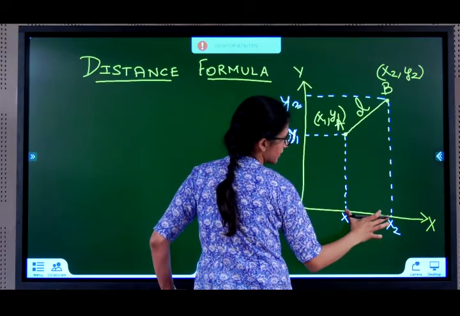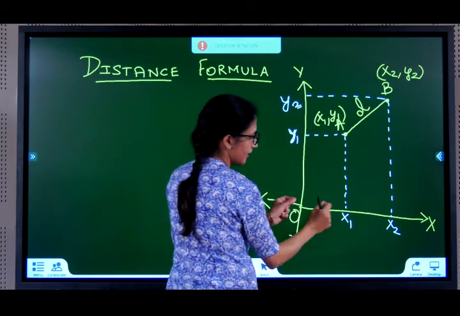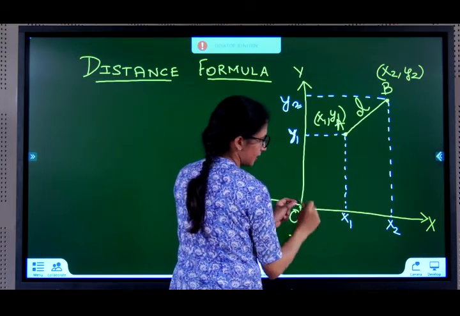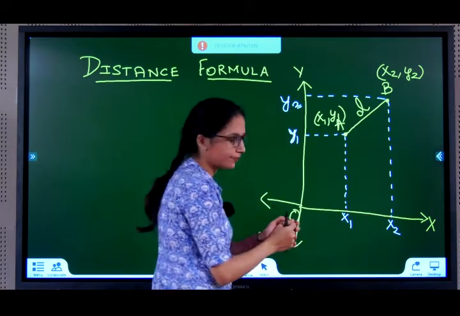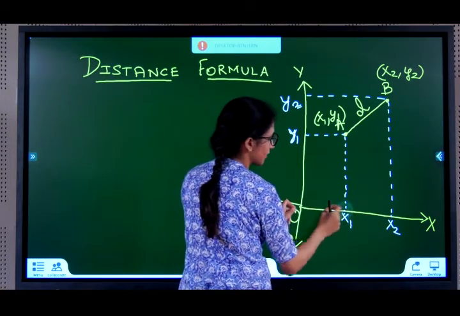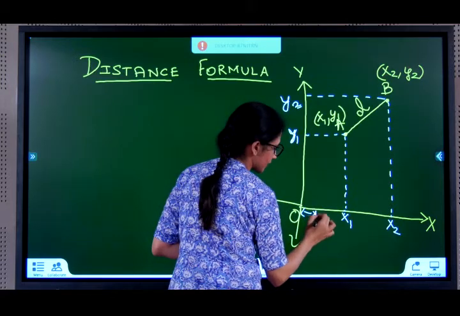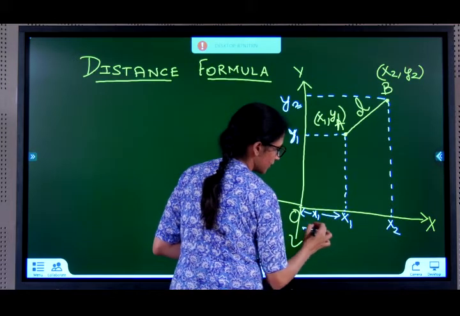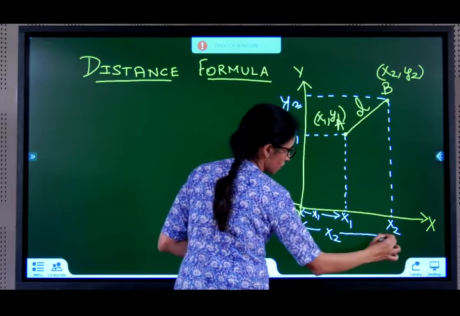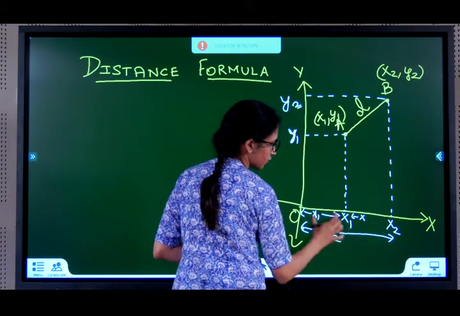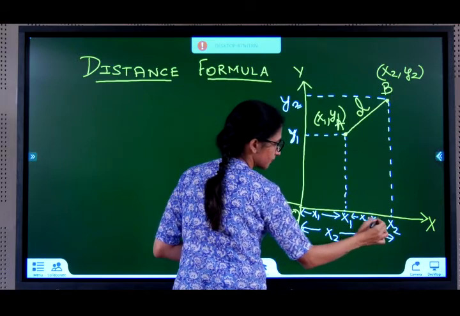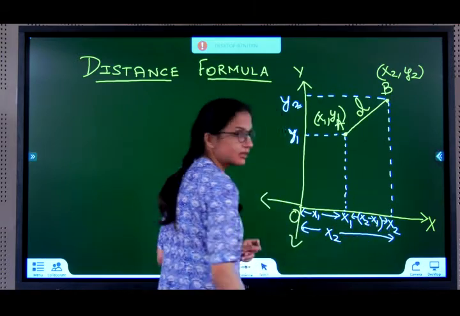Now, what is this distance here? Till here it is, let's say 3 centimeters. Till here let's say it's 5 centimeters. What is the distance between these two? 5 minus 3. Till here it's x1. Till here it's x2. So what is this distance here? Can I say it's x2 minus x1? Yes.